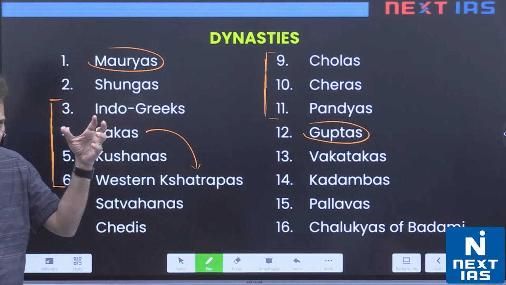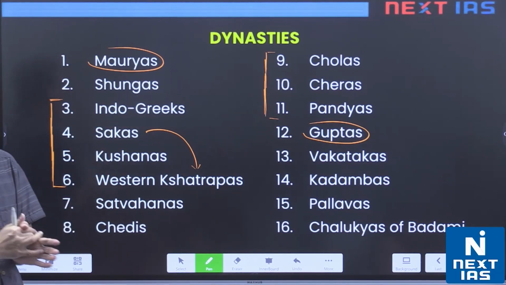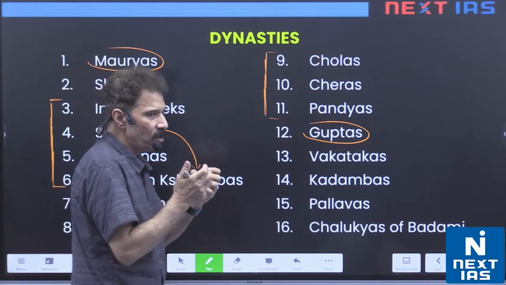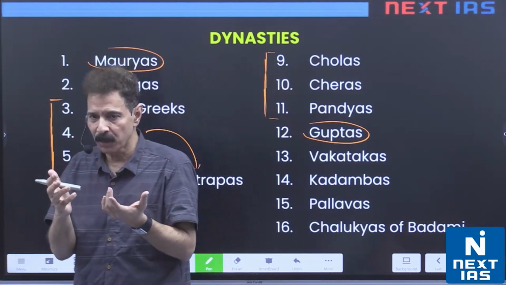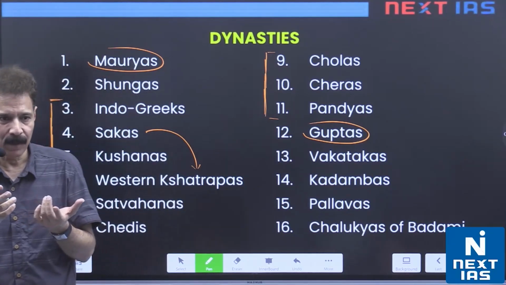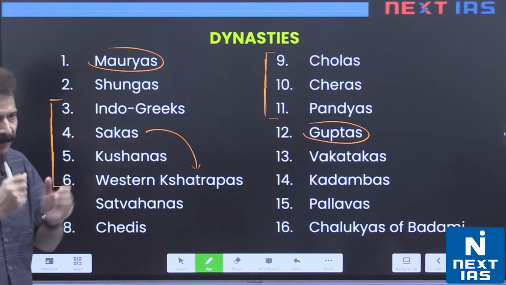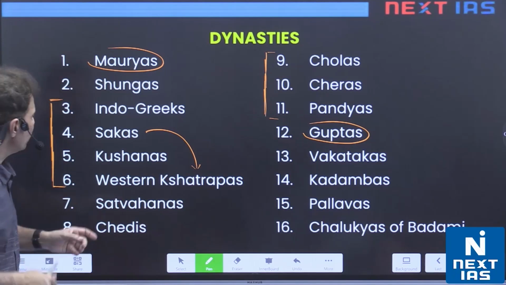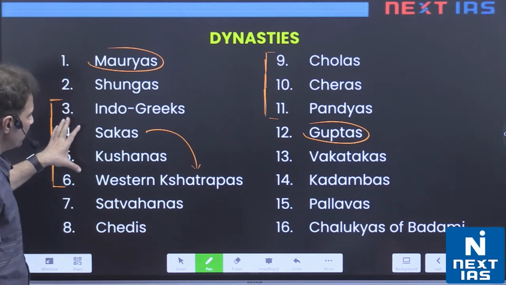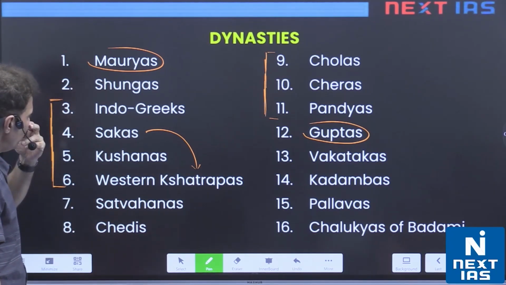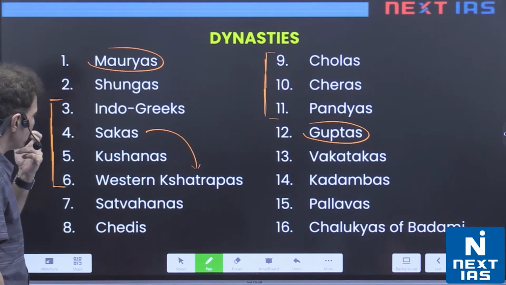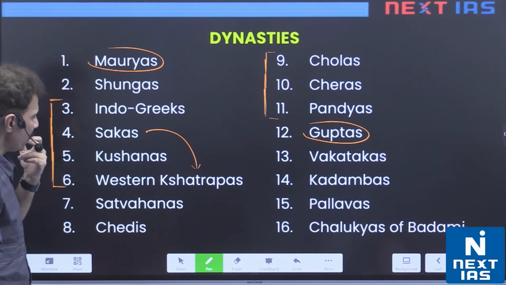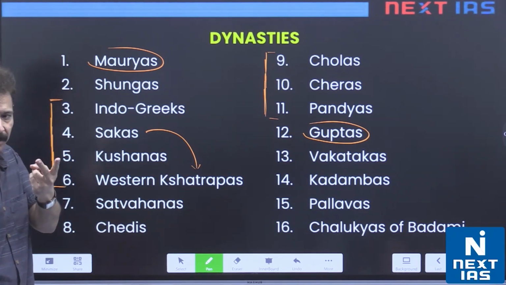They added some new dimensions. For example, they added a new dimension, what we call the concept of divine kingship. So this is a new element added. Okay? So one is coins. Second is new elements introduced into the political system. That's it. Just only two things, nothing else.